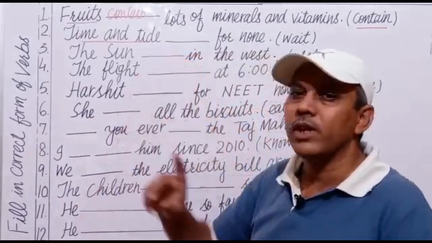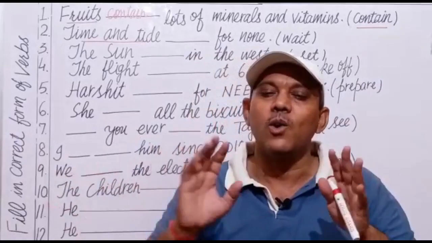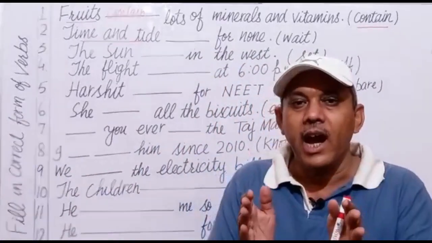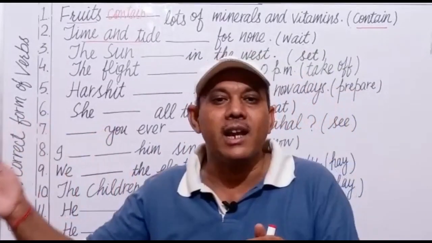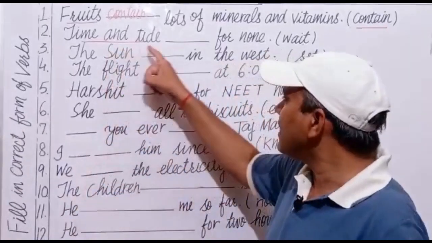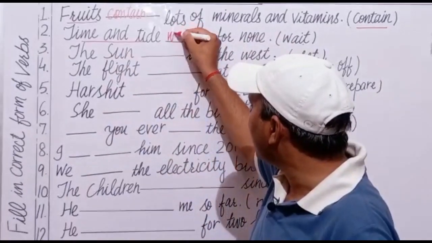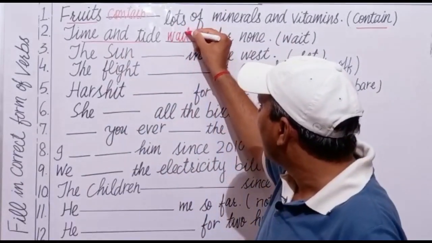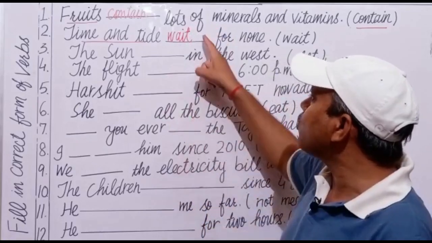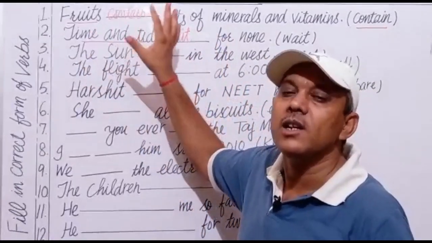It means we can't stop the passage of time. हम समय के बहाव को रोक नहीं सकते, हमें अपने काम को ही करते रहना होगा. Time and tide wait for none. We shall fill in wait. We can't add s to wait because subject is not singular, it is plural.